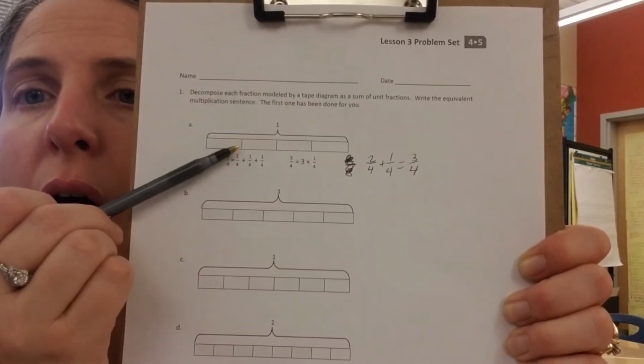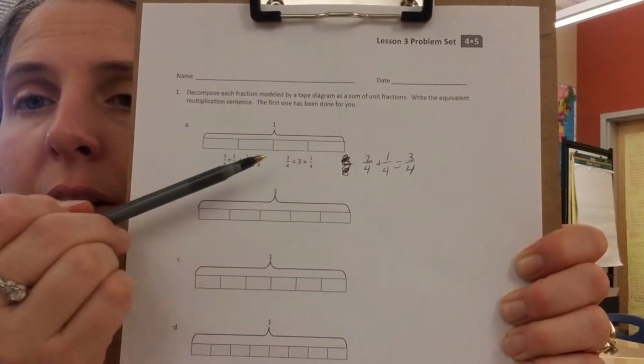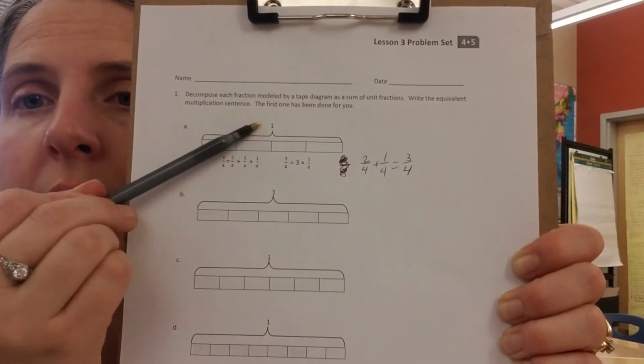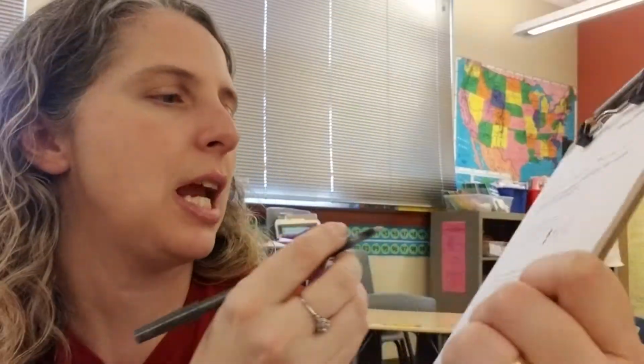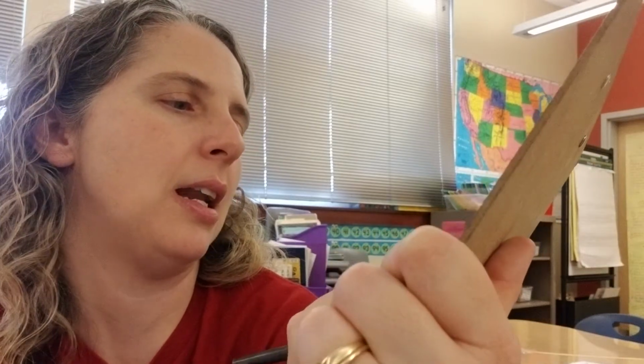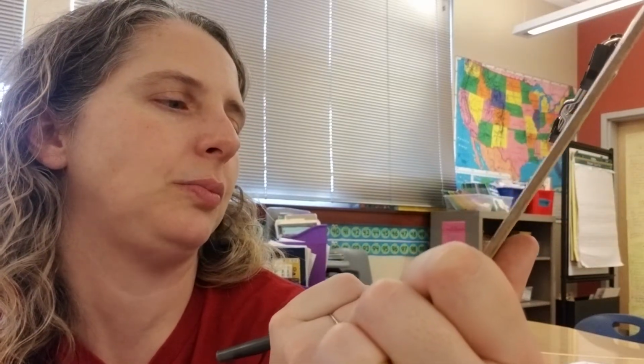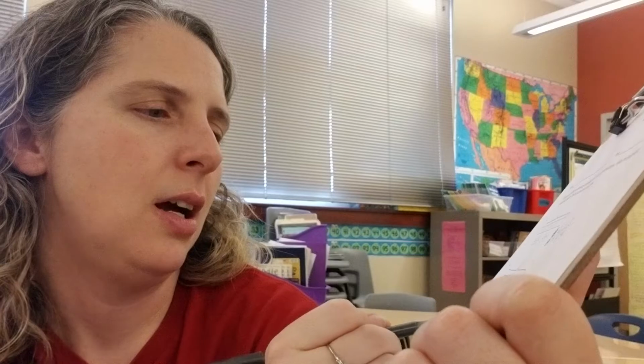So if you get all 4 out of 4 pieces, you have 1 full candy bar. All right, so let's look at letter B. There's 2 shaded there, so I want you to shade that in so you can see it. Letter C, 1, 2, 3, 4, 5. There's 5 shaded. Shade that in quickly.